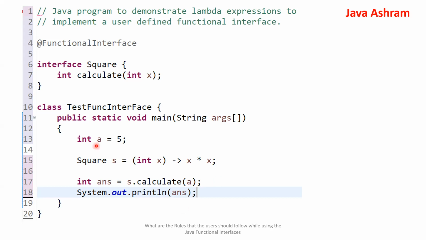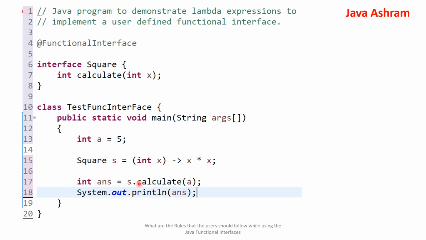By using this, you don't need to implement this interface and define the calculate method there. You can use it directly, right? Using this, you can call s.calculate(a), see this line number 15. Using the lambda expression, you are internally defining or implementing the class which implements the Square interface.